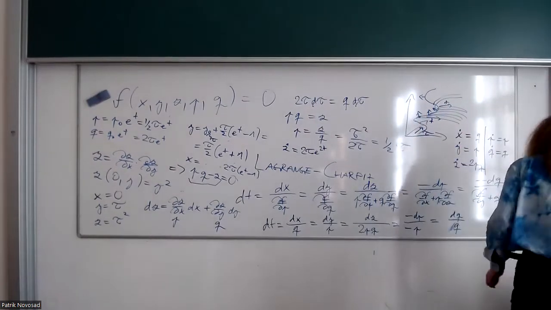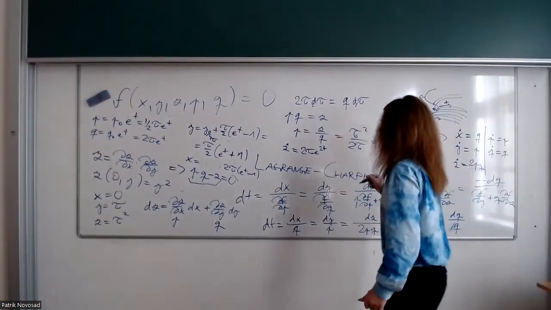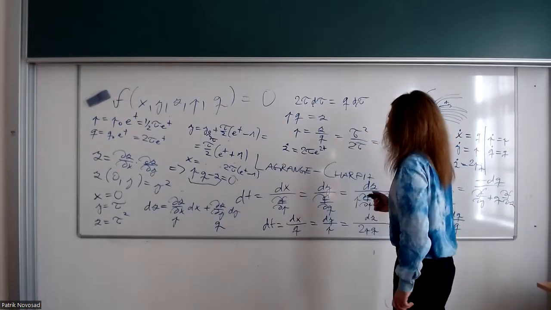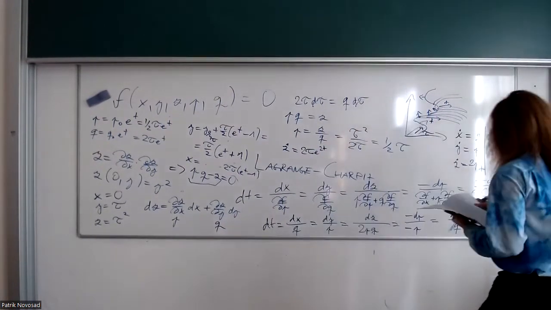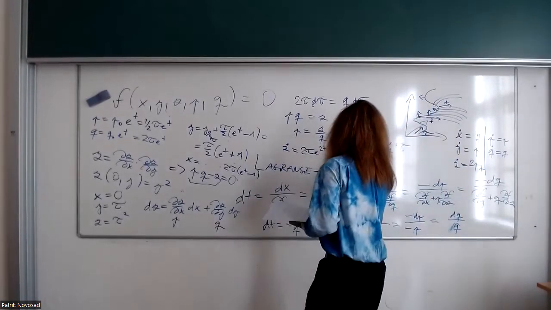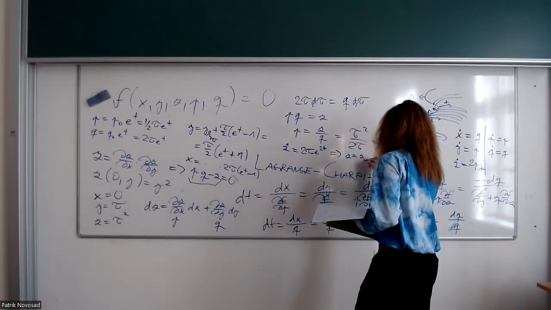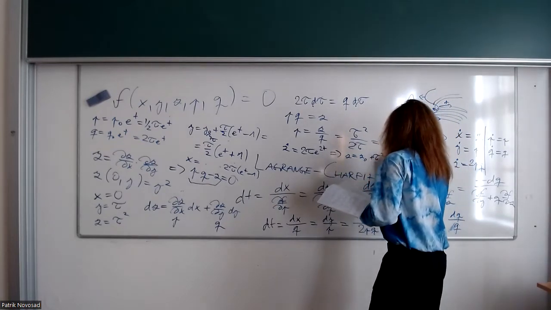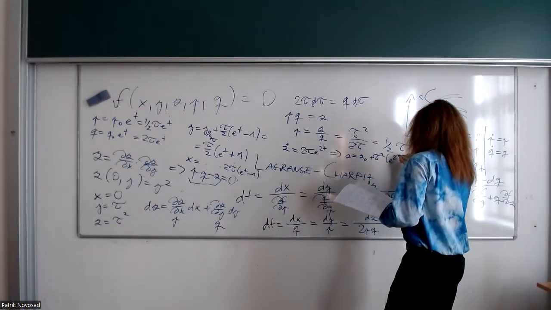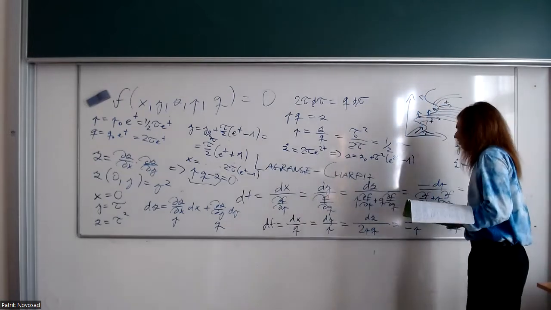And of course, this is just as easy to solve as the other equations, and we would get something like z equals 0 plus tau squared times e to the 2t minus 1.